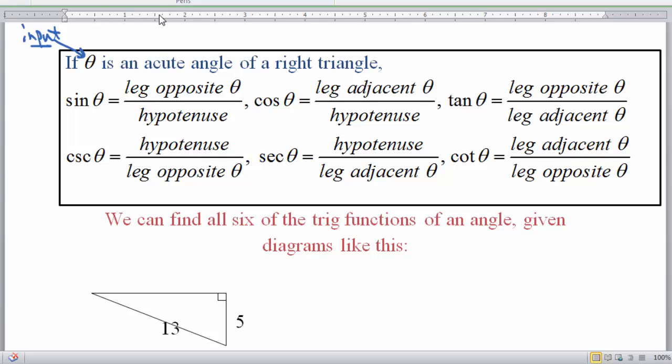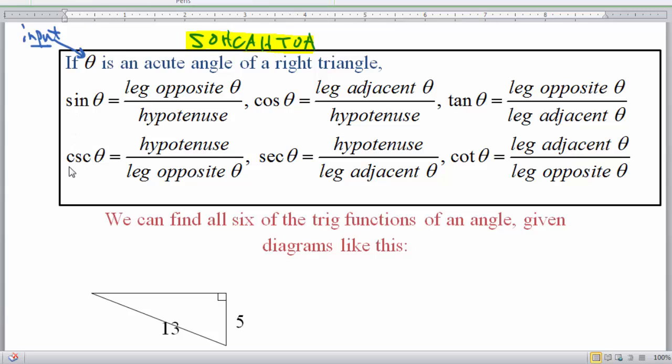People would always come up with a saying for this, and the saying was SOHCAHTOA. What does SOHCAHTOA stand for? The S is sine, O is opposite, H is hypotenuse. So sine is the opposite over the hypotenuse, cosine is the adjacent over the hypotenuse, and tangent is the opposite over the adjacent.